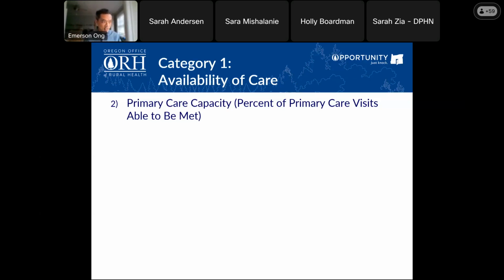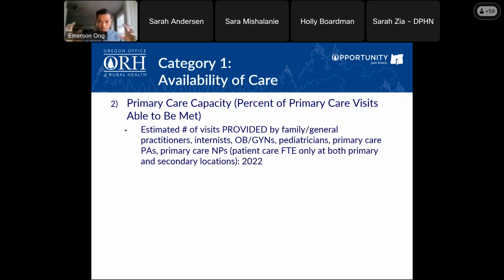Every year, HRSA collects patient encounter data from all the FQHCs in the country. And so that's the numerator, estimated number of visits provided for all these primary care specialties.